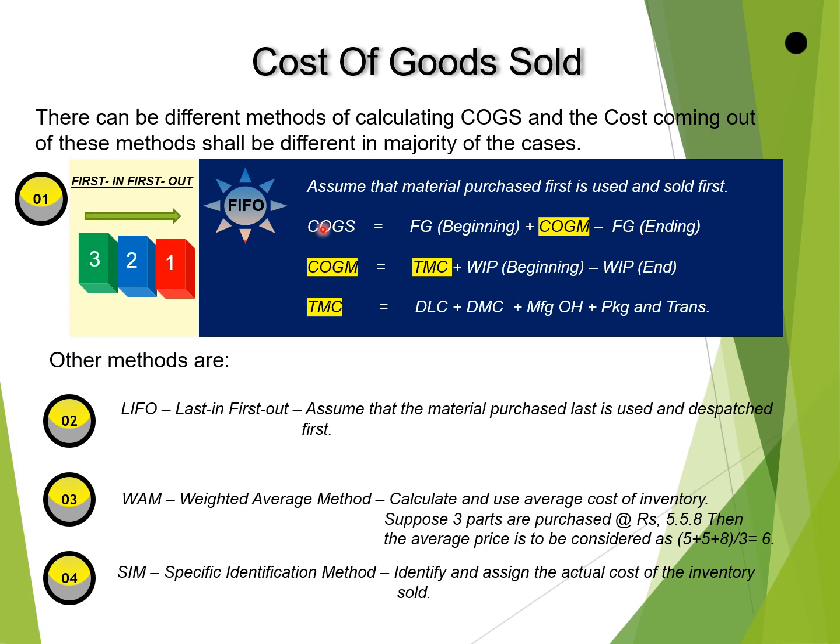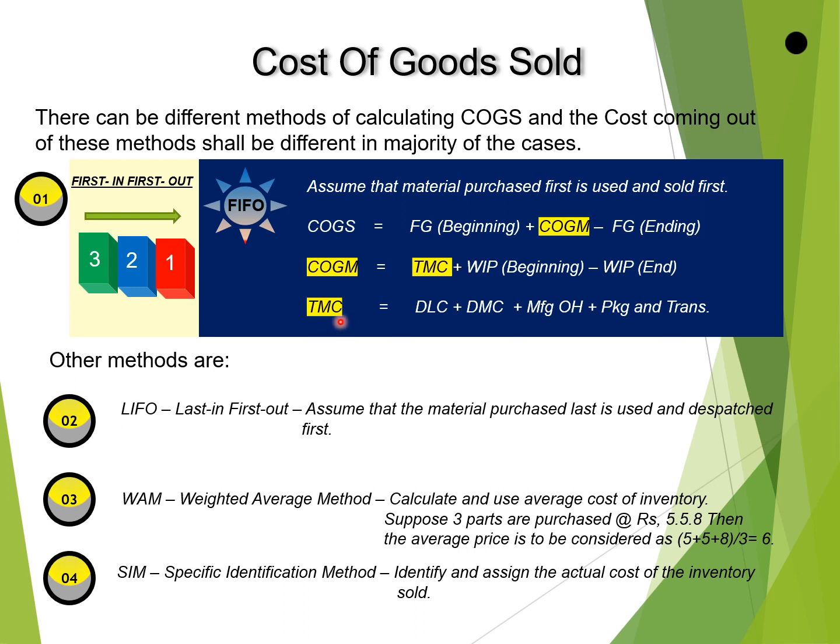The COGS is calculated as the cost of finished goods in the beginning plus the cost of goods manufactured minus the cost of finished goods at the end. And the cost of goods manufactured is equal to total manufacturing cost, TMC, plus cost of work in process in the beginning minus the cost of work in process in the end.